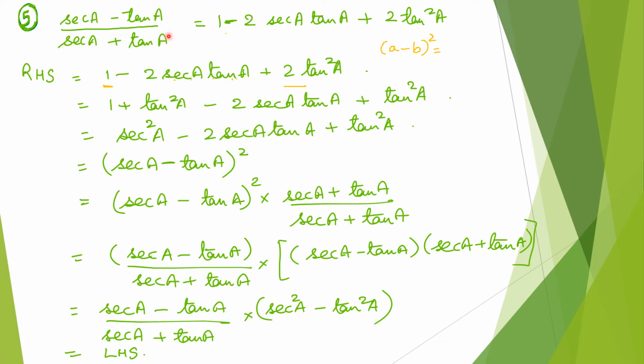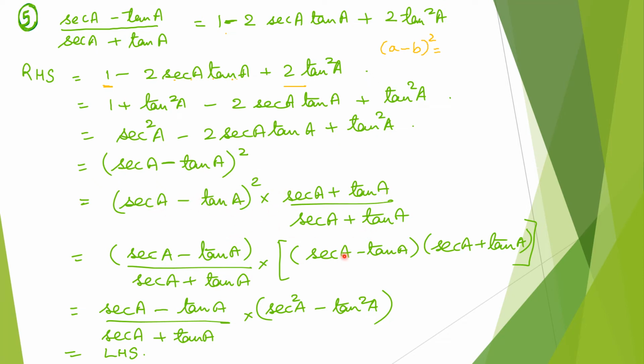Wonderful. Now let's see, keep looking at what you want to prove. My LHS is saying there is secant a minus tan a, I have got 2 times, but in the denominator I want secant a plus tan a. So I am multiplying and dividing by secant a plus tan a. I will keep this secant a plus tan a, and one of them I am keeping over here, and let me see what happens to the remaining.